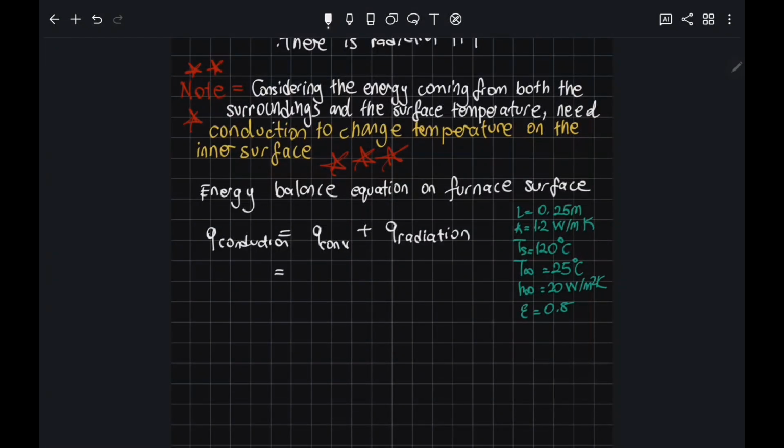What was the Q convection? h times (T2 minus T surroundings) plus Q radiation, epsilon times the Stefan-Boltzmann constant times (T2 to the power 4 minus T surroundings to the power 4), and they are equal to k times (T1 minus T2) over L. So let's substitute the values here.